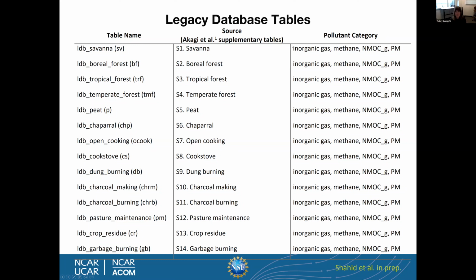So we have individual organic gases, we have methane, we have non-methane organic compounds in the gas phase, and then we have PM and PM constituents. So PM constituents would be organic carbon, for example, or PM 2.5 or PM1, right? So you're classified as either PM, non-methane organic gas, methane, inorganic gas. We also have non-methane organic compounds in the particle phase, but none of that data were available for this IGAC paper.